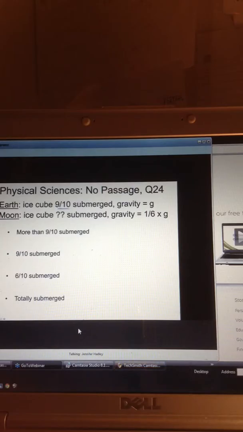Okay, so what this really involves is the proportion of something that is submerged has to do with its specific gravity, and the ratio of its specific gravity, I think that's the abbreviation for specific gravity.